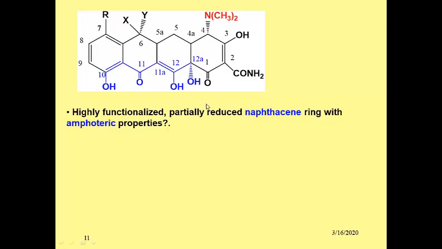Amphoteric: the dimethyl amino group is basic, the 3 hydroxy conjugated with carbonyl, alpha ketol, beta ketone, pKa 3.3, acidic.